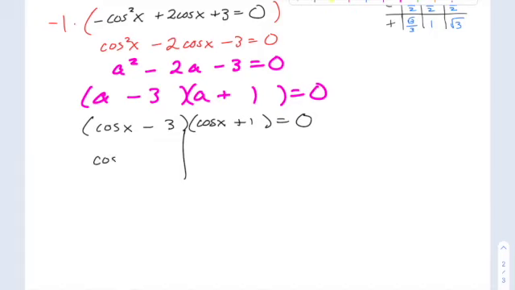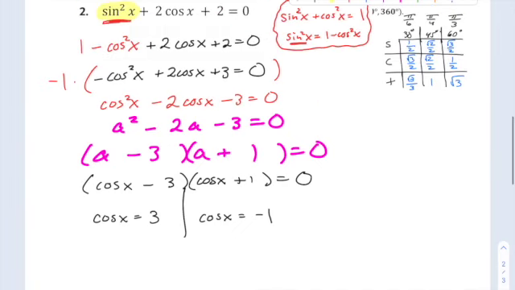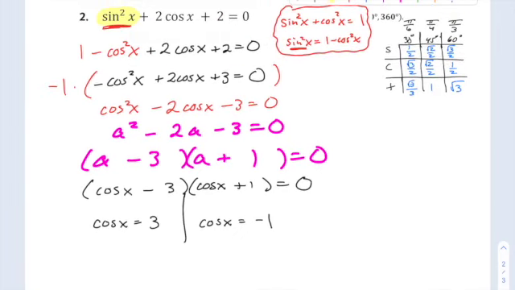So when I set this factor equal to 0, I'll really be trying to solve where does cosine equal 3. When I set the second quantity equal to 0, I'll be solving where does cosine equal negative 1, right? And hopefully, you're already popping. These numbers should be jumping out at you. Cosine being 3. That's certainly not one of the 3 benchmark reference angles.